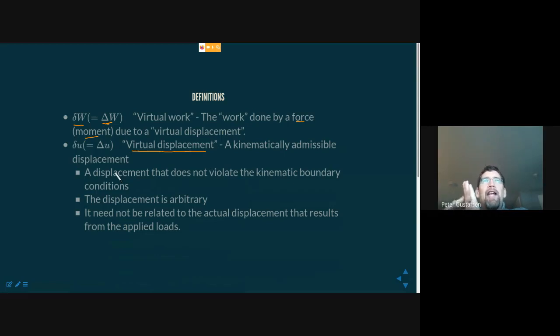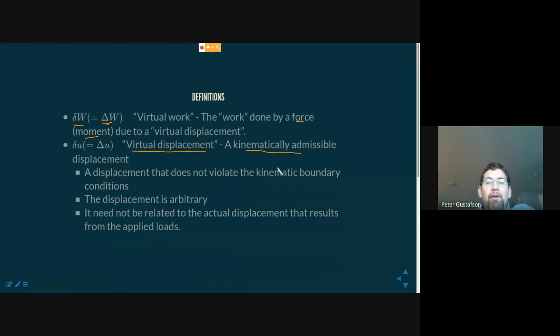And it's a small increment of displacement. So it could be of magnitude 1, it could be 0.1, it could be 1,000,000. Doesn't really matter what the magnitude is. At that given point, we have that small increment of work done. And we have a force acting through this imagined, pretend, if you will, displacement field.